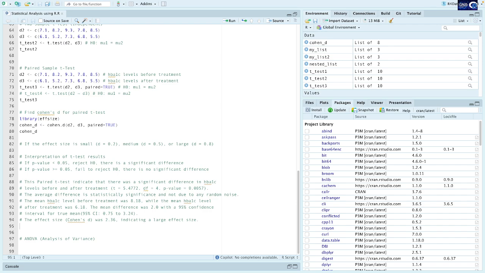Now before we start regression analysis, an important thing is we need to consider the assumptions of regression analysis. There will be assumptions for linear regression. First one is linearity. That is, the relationship between independent and dependent variable should be linear.